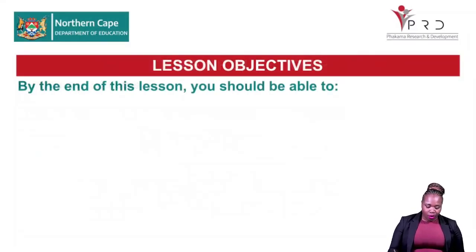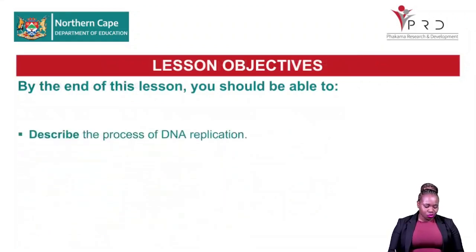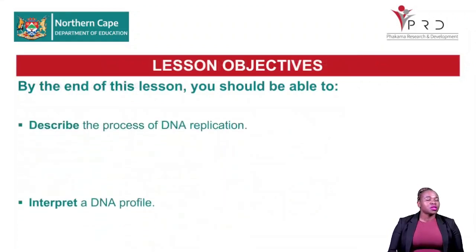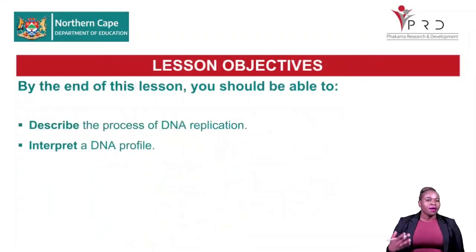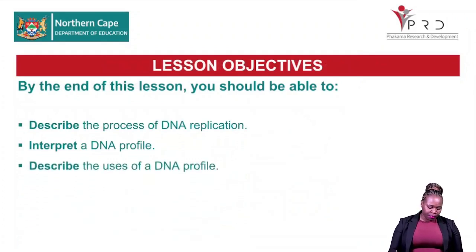Right. Now, by the end of our lesson today, you should be able to describe the process of DNA replication. That is one of the main things we're looking at here, describing that process of DNA replication. And then being able to interpret a DNA profile. Like I said, you should look at the DNA profile and be able to interpret what is happening there and be able to answer questions based on what is happening on the DNA profile.